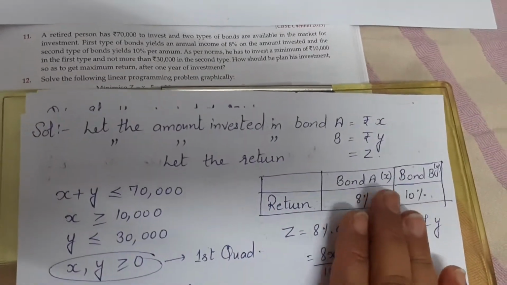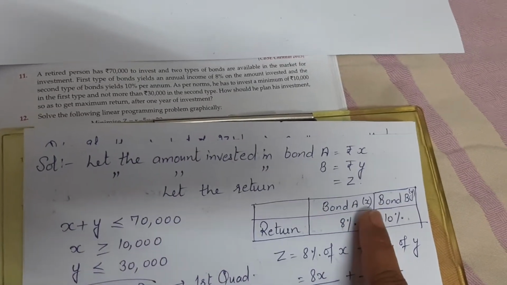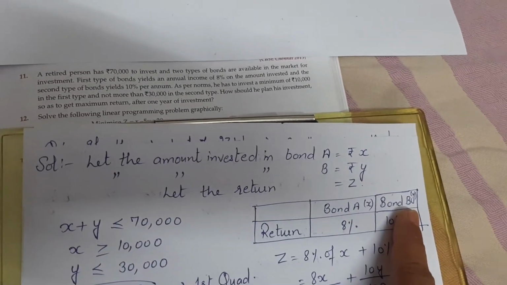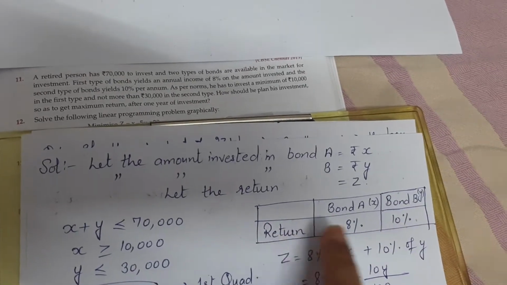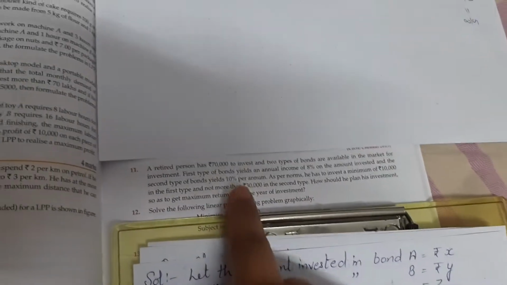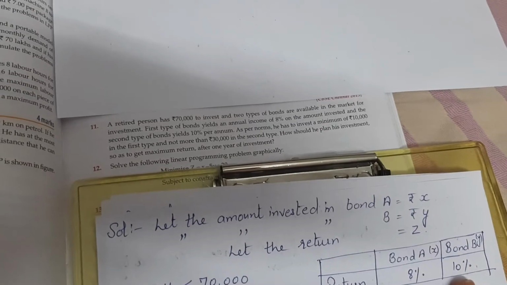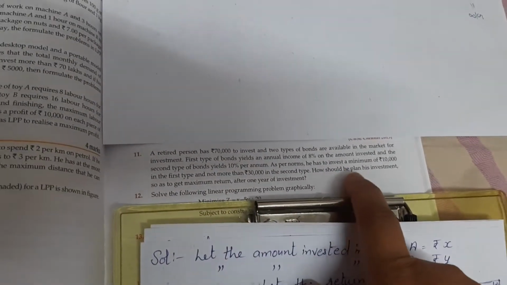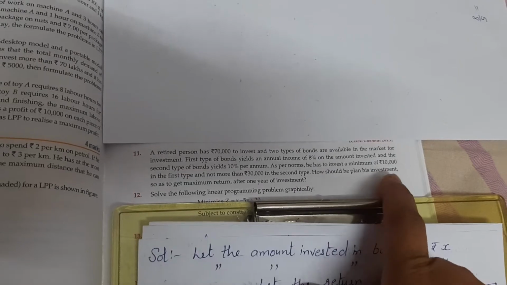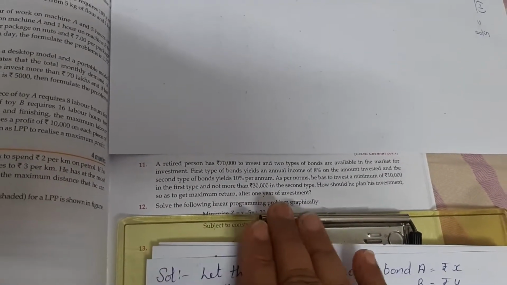Bond A, I have taken x amount that should be invested in bond A and y amount should be invested in bond B, and return is 8% and 10%. As per the question, 8% on bond A and 10% on bond B. And of course, in the last line, he is asking how should he plan his investment so as to get maximum return.